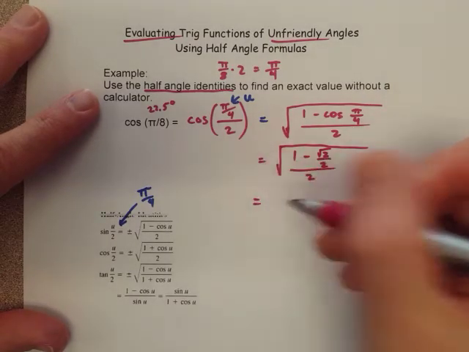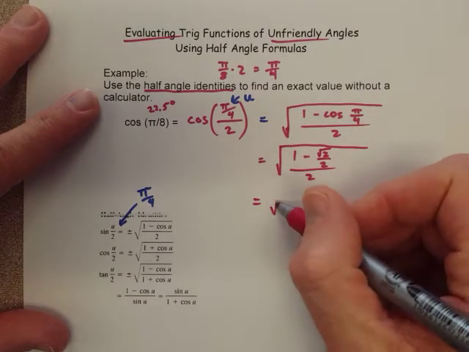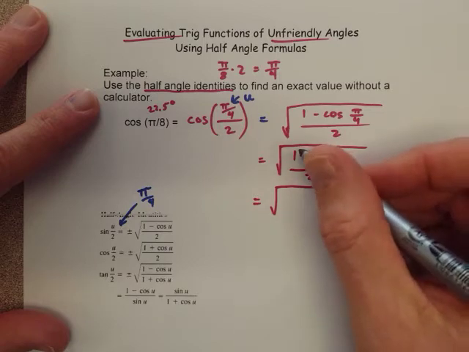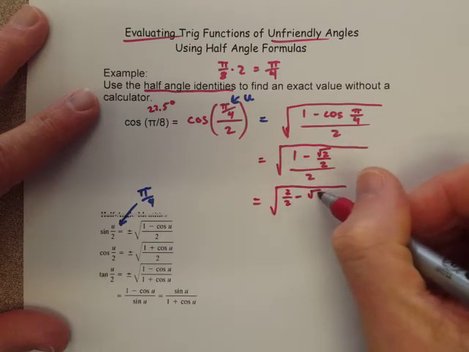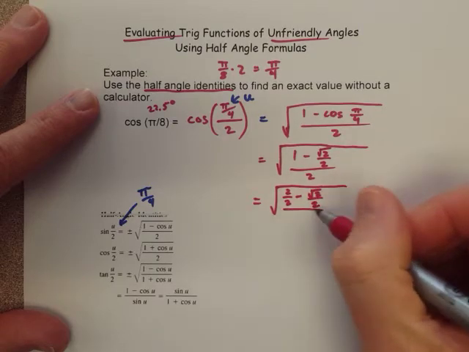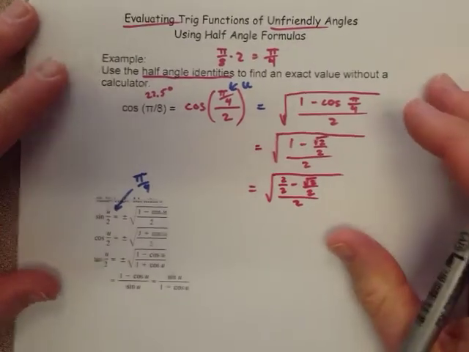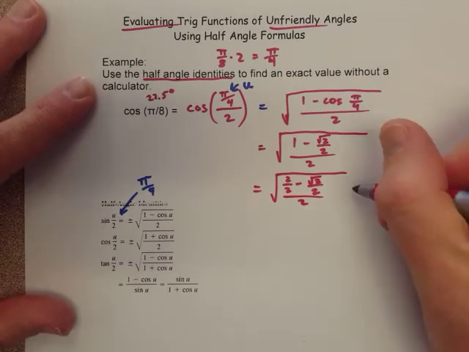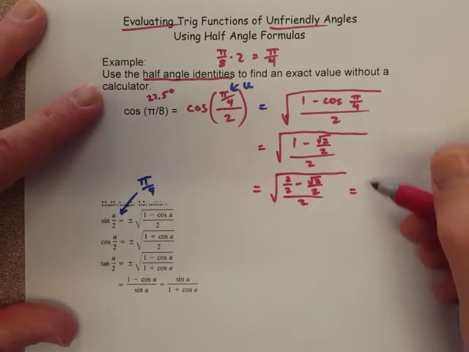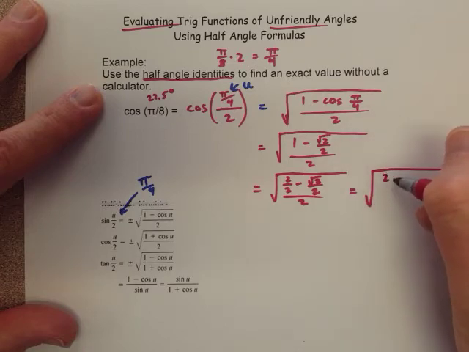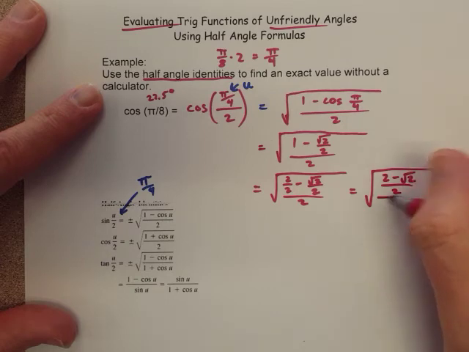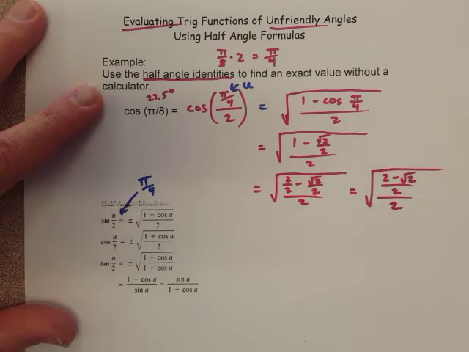If you want to combine these fractions, we've got to have a common denominator, so we'll say 2 over 2 minus the square root of 2 over 2 on the inside, all that divided by 2. Then let's simplify what's in there. That's going to be 2 minus the square root of 2 over 2, all of that over 2.